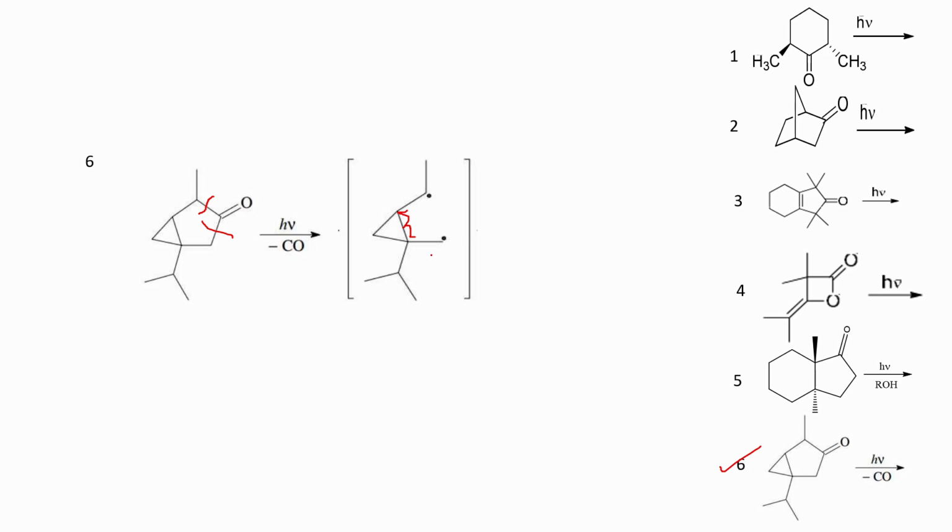So we will get an open chain diene as the product. You can see the product. It is the final product.